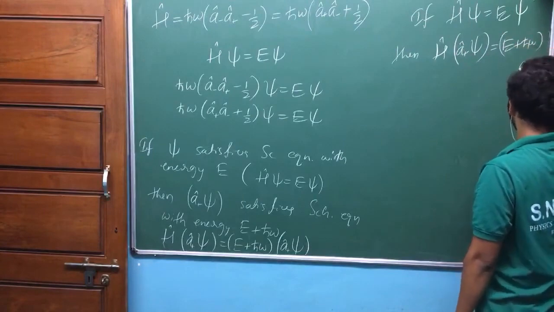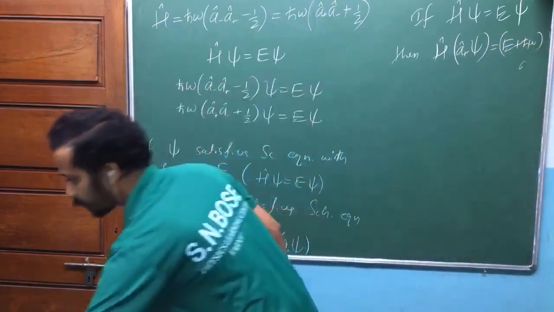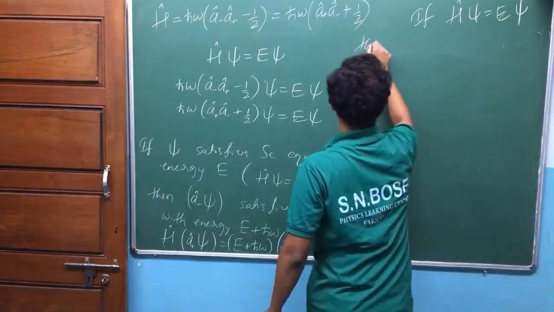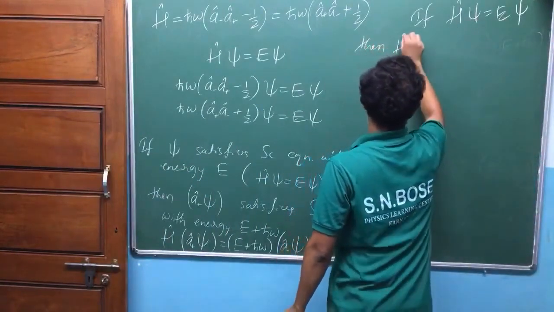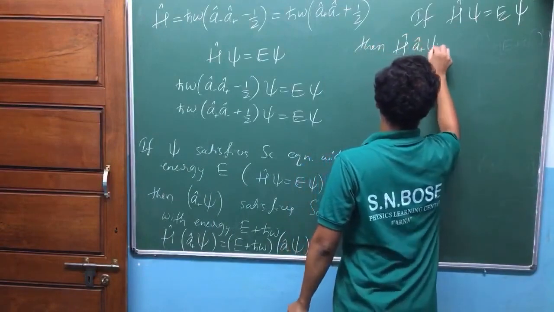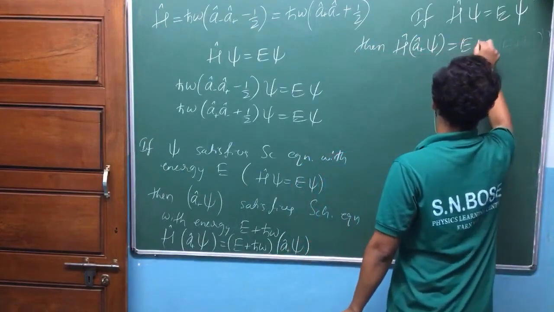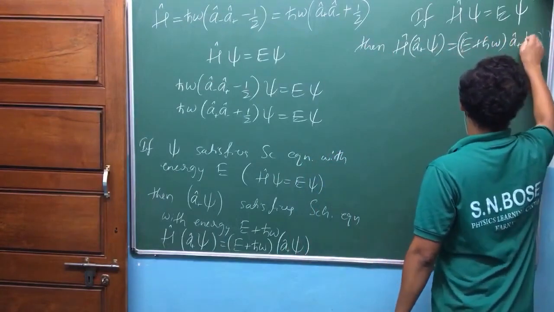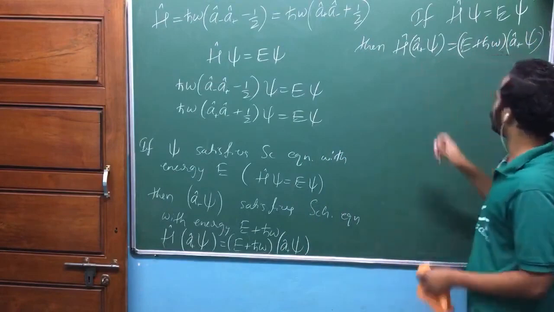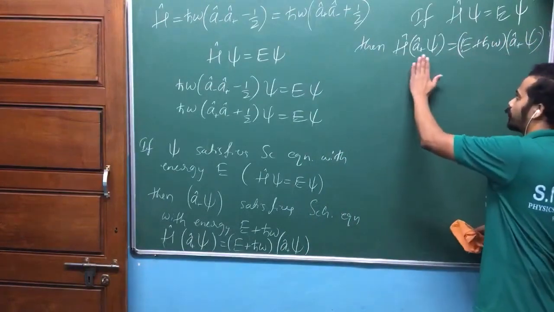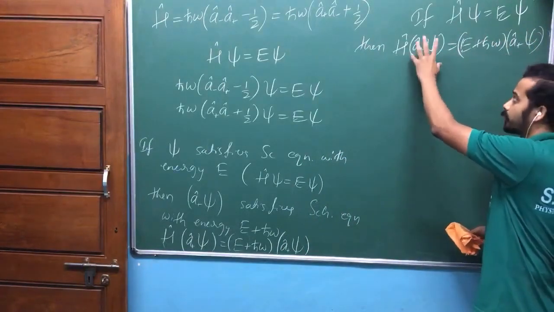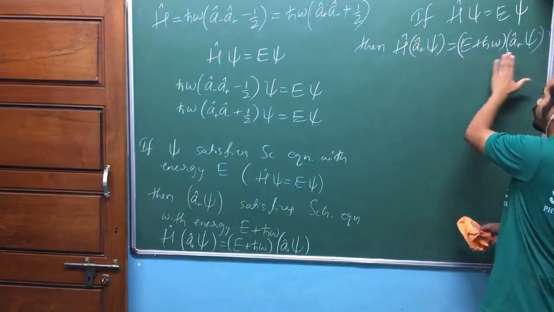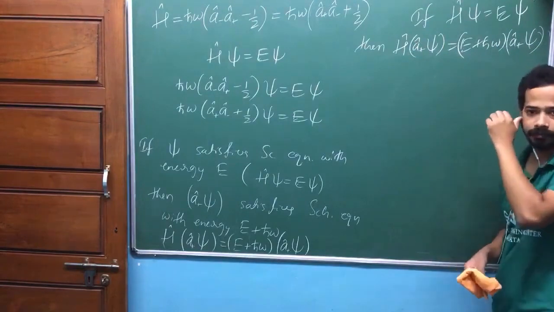Okay, I'm running out of space here. Then h cap into a plus cap psi is equal to E plus h bar omega, a plus cap into psi. This is eigenvalue equation: operator, function. A plus cap into psi, I have taken this together as a function. Is that okay? Operator, function, eigenvalue is E plus h bar omega.